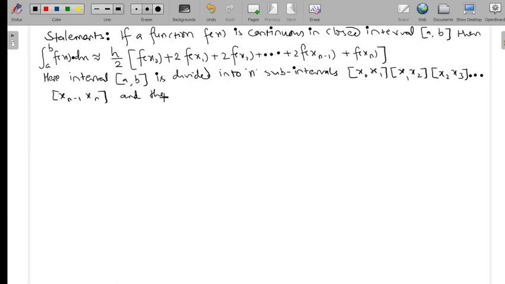And the length of each interval is h equal to b minus a over n. This is the first part.